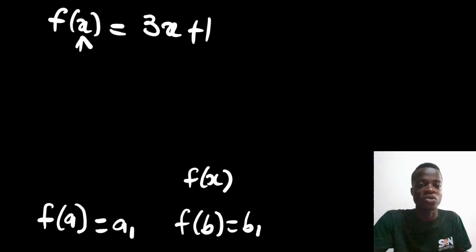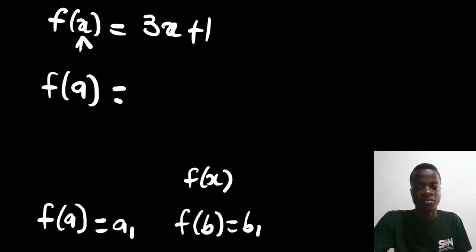It's a variable, but we are going to consider it a special kind of input. x stands for any input, but we are going to use f of a to mean a particular one. So f of a is equal to A1 from the diagram that we did earlier. A gives birth to A1.